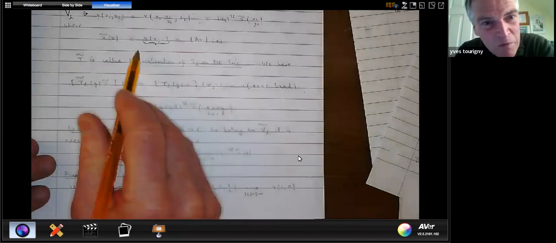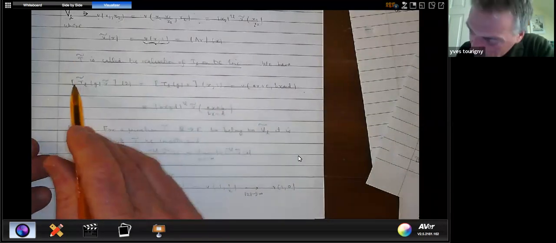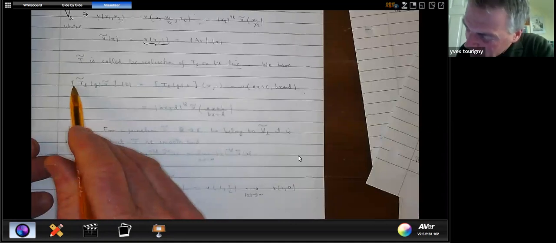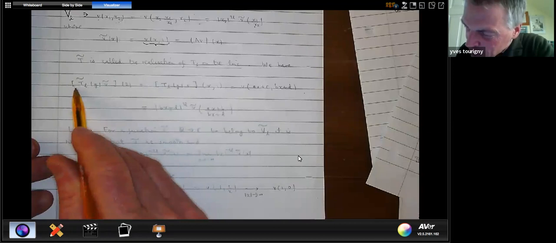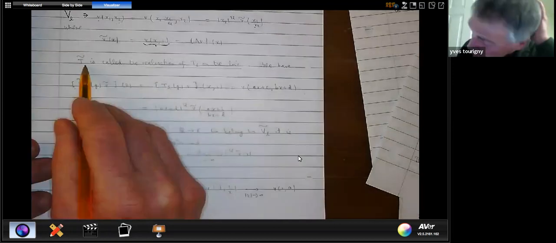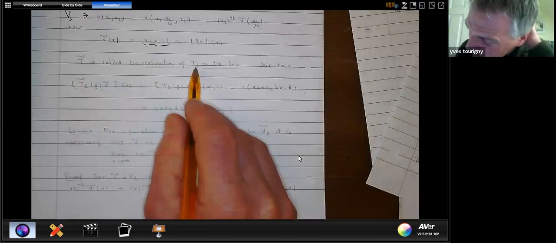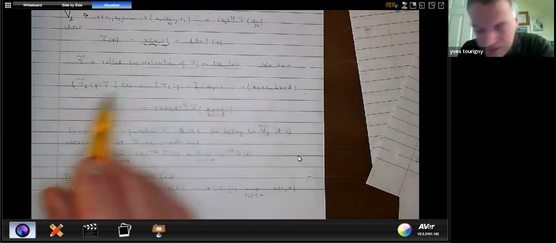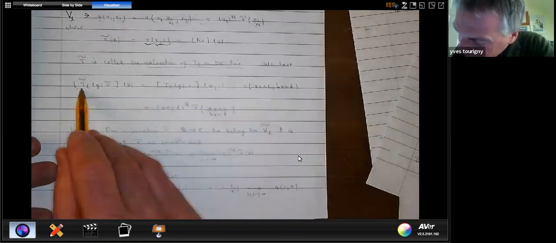When we work with these functions, it's equivalent to going over to another representation, which is equivalent to the first one. This representation is called the realization of the previous representation on the line. Here I explain how it's defined.